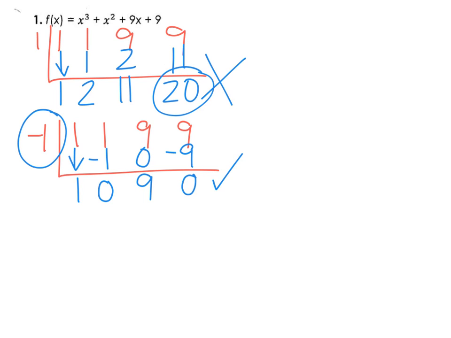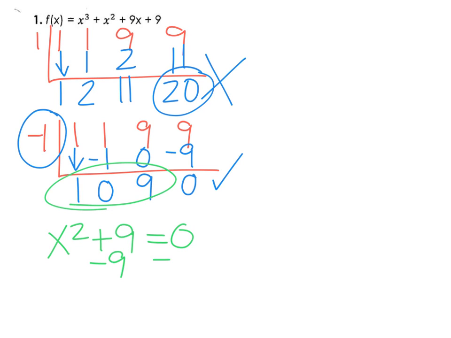Then we take what's left. We take this right here and write a depressed polynomial. So we would say x squared plus 0x plus 9. That is our remaining polynomial, and it's in quadratic form. So set it equal to 0. Subtract 9 from both sides. X squared equals negative 9.